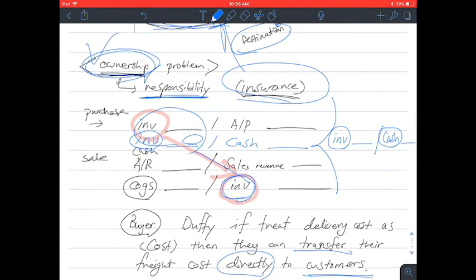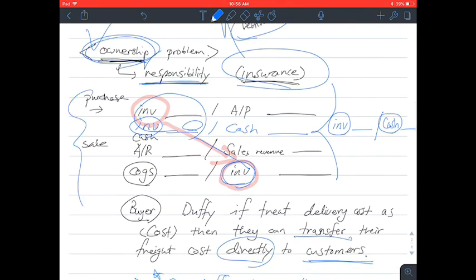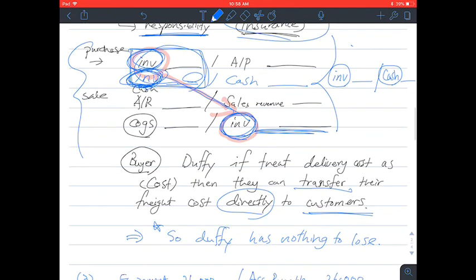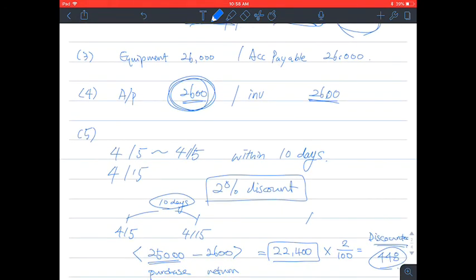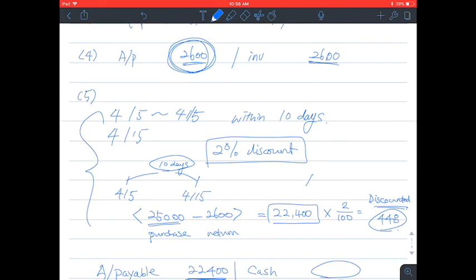And this is another concept: when products are purchased, for buyers, if you treat freight cost as inventory, then you're actually transferring the delivery cost to the customer. So Duffy, the buyer, has nothing to lose. Okay, and 2/10 net 30 is another important concept here.